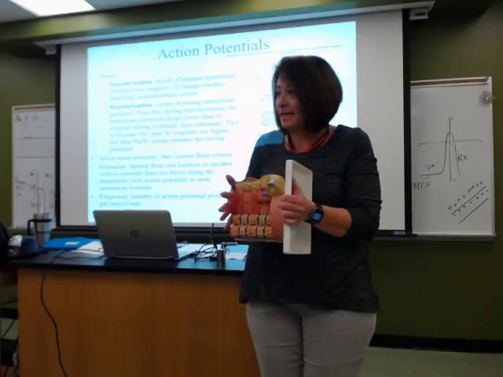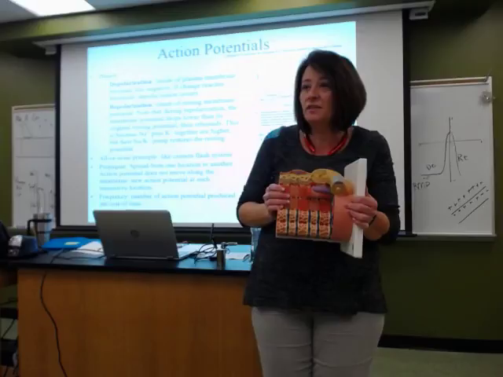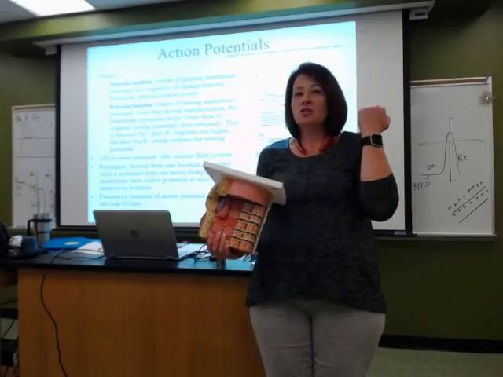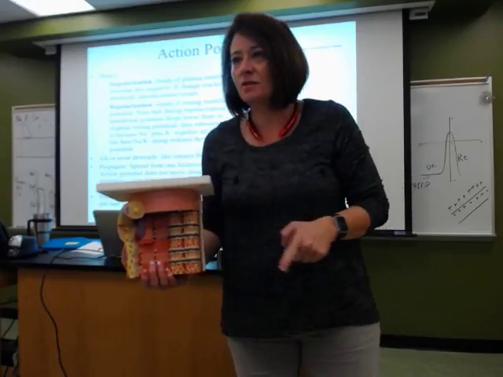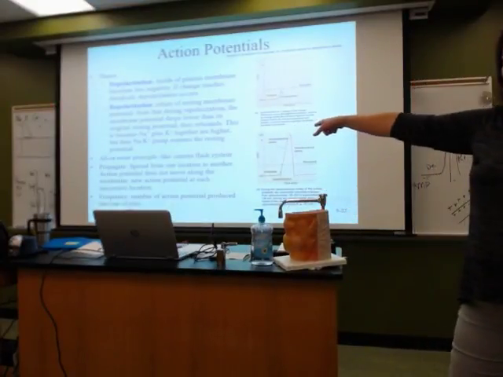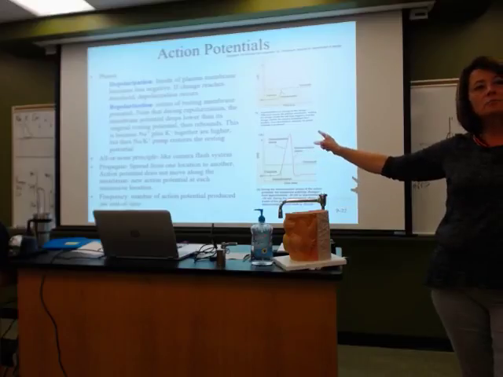And in that case, if I've got a whole bunch of them that are receiving the information, chances are that muscle's going to contract. Now, here's what happens with skeletal muscle. It operates on what's called an all or none principle.